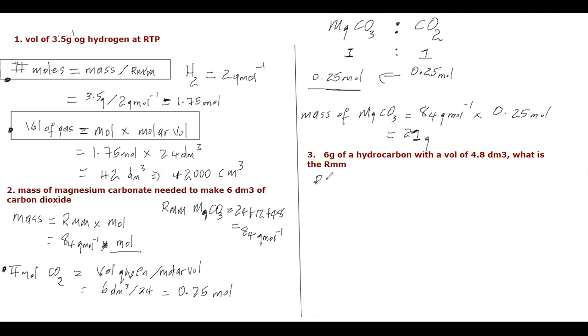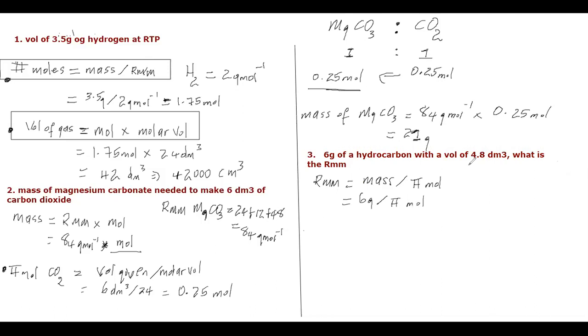You sure? RMM would be equal to mass divided by the number of moles. All right. So all we would have to do is put in the mass, but we don't have the moles, right? So how do we proceed?